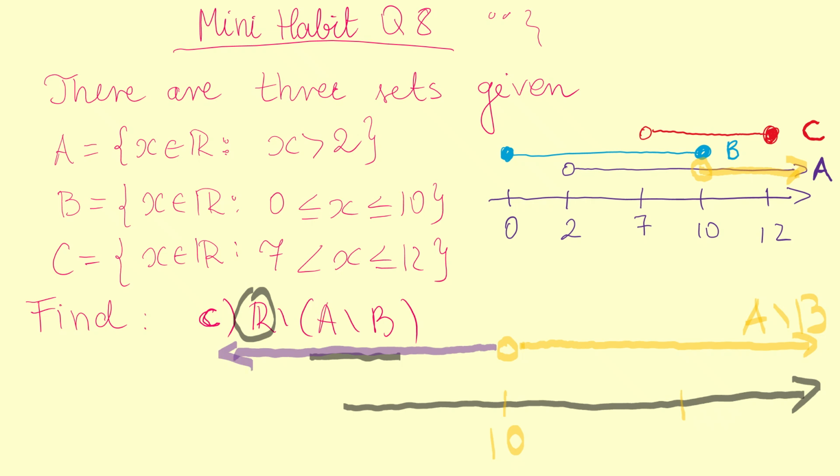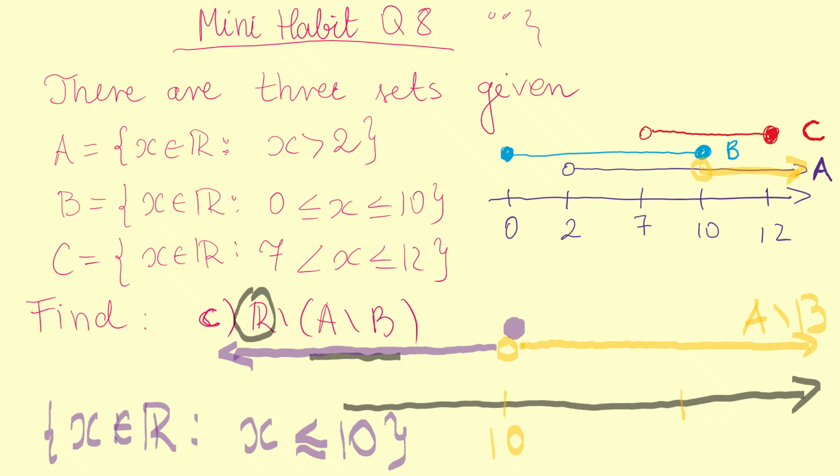And because 10 doesn't belong to A minus B, we can include 10 in our difference. So the answer is the set of x belonging to real numbers such that x is less or equal to 10. This is part C of our mini habit 8.